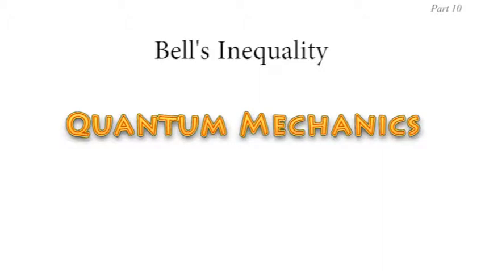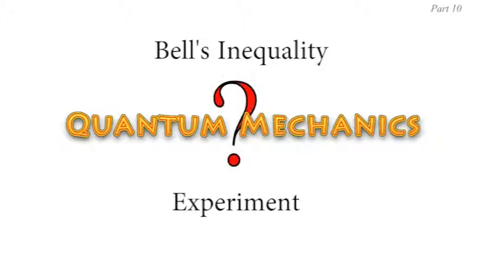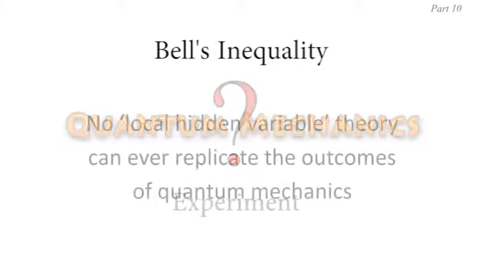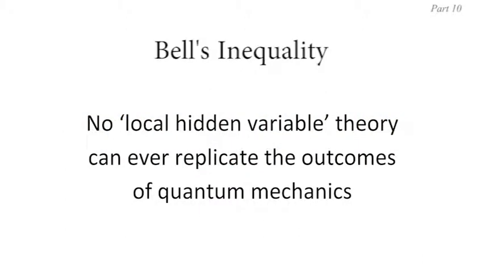The crunch will be when we come to look at Bell's inequality as it applies to the predictions of quantum mechanics, and then experimental results, which we believe are themselves in agreement with quantum mechanics. Will Bell's inequality go along with them? John Bell had said in effect that no local hidden variable theory can ever replicate the outcomes of quantum mechanics.